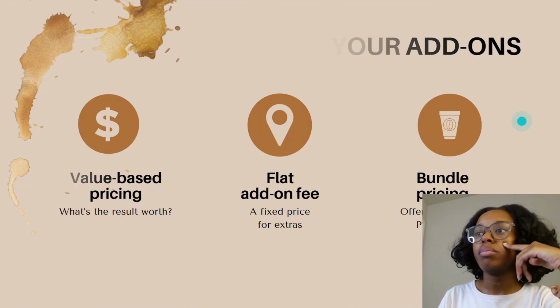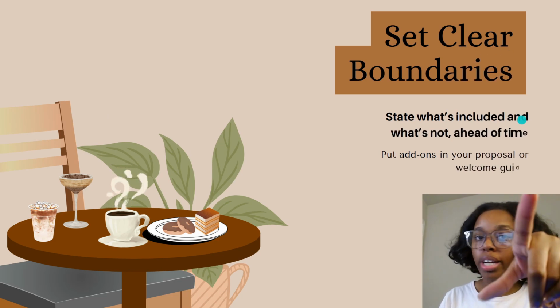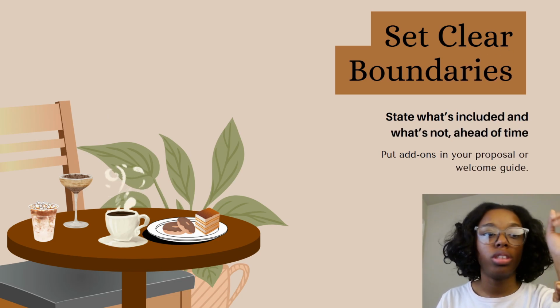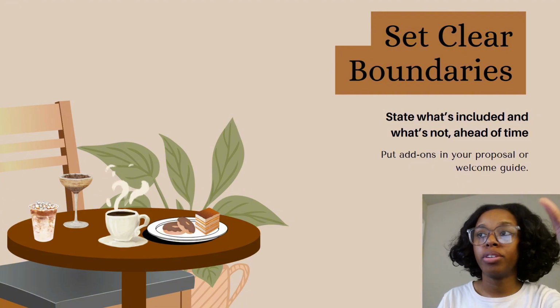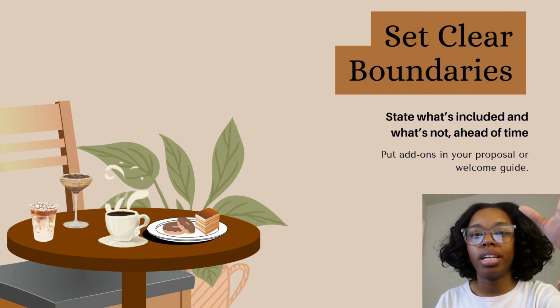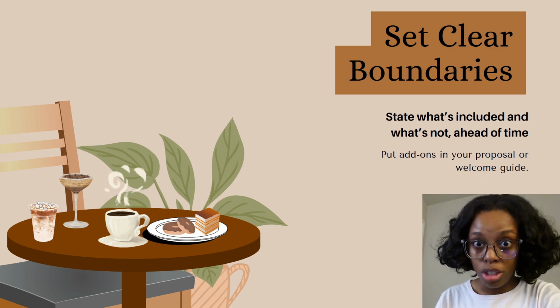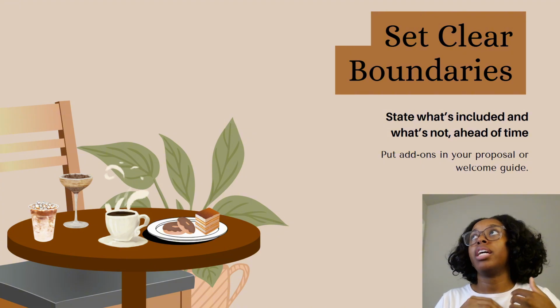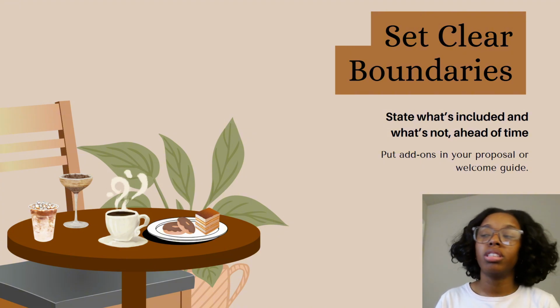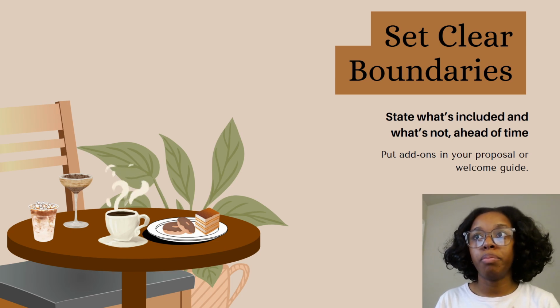Okay. So now, when it comes to your contracts, your proposals, stuff you say in emails, whatever, you want to make sure that you're not shocking your clients later. Everything that needs to be said, say it ahead of time. So if you're saying something like, hey, you get this many revisions, I'll only do this, I'll only do that, make sure you say it ahead of time.